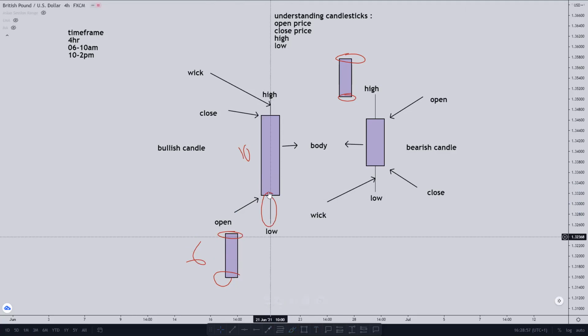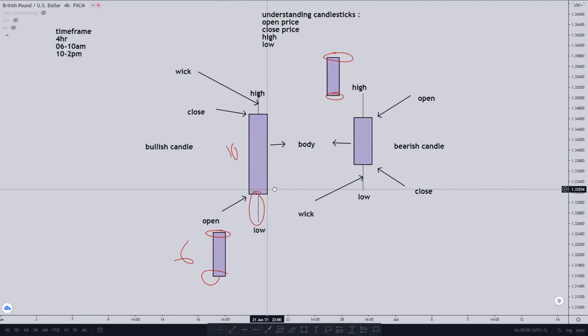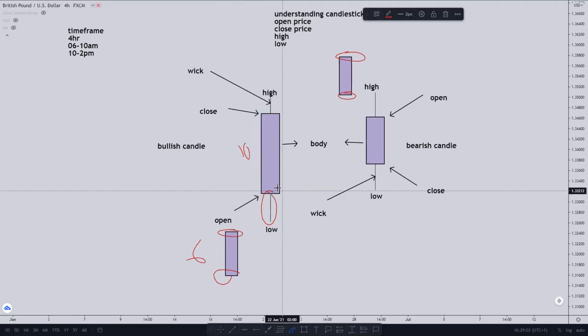Just want to repeat that. Where price opens, that's where the body of that candlestick is going to start, no matter how price came to this area and then pushed back.